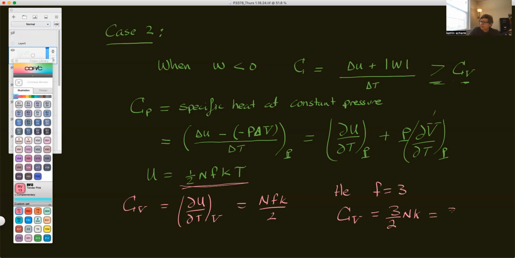And I can rewrite that as 3/2 NR, right? And that turns out to be about 12.5 joules per Kelvin. So you need to put in 12.5 joules for every degree Kelvin you would like to heat up this gas, right? And if you go look that up, that's what the prediction is, and what the measured value is.